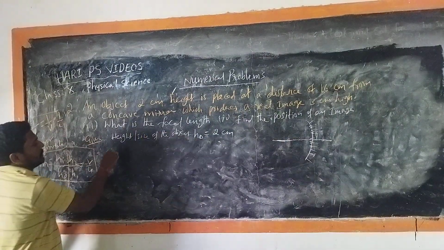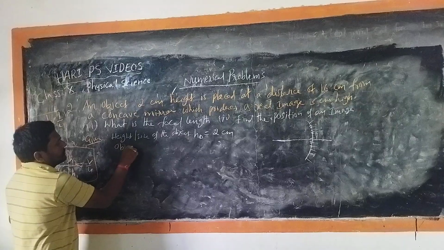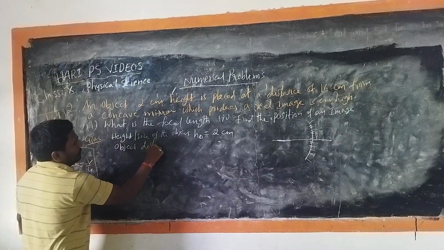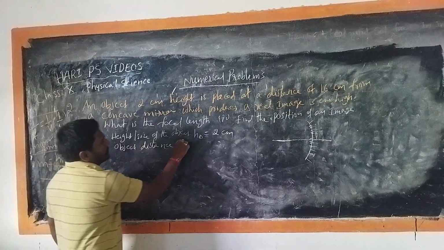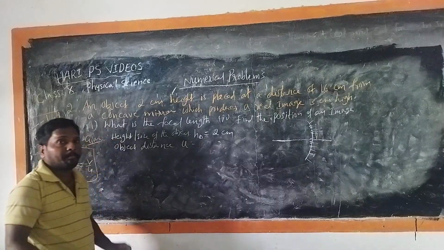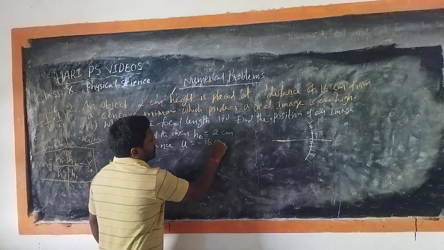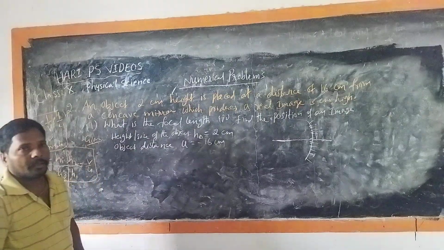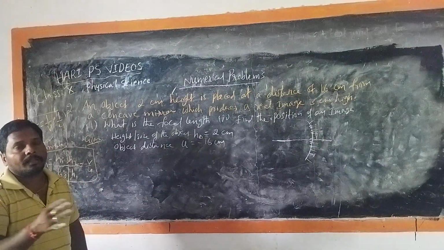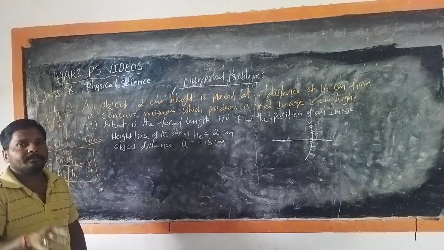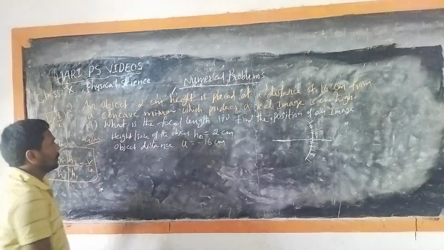Then what is the object distance? Object distance u equal to what? Plus or minus? Minus. Always minus 16 centimeters. Either for the concave mirror or for the convex mirror, the object distance is minus only.